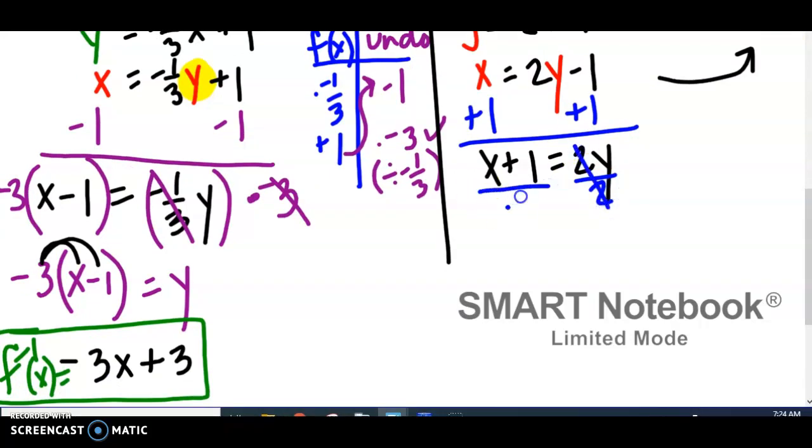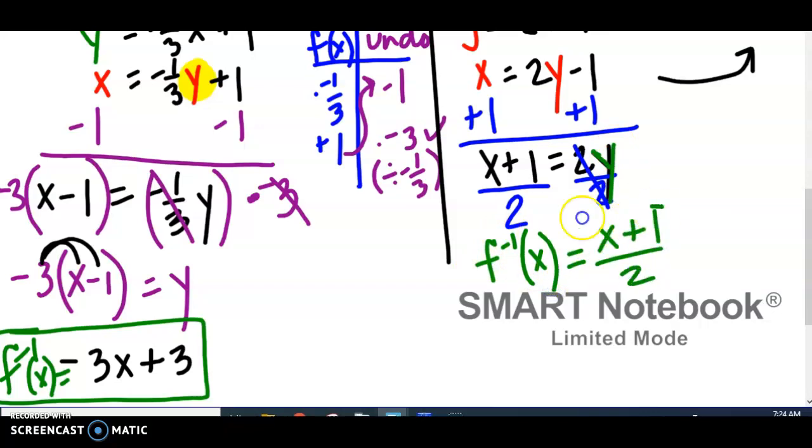Make sure you put that divide by 2 under everything on this side. So instead of this y now, replace it back to inverse notation, and then write everything that you had on the other side. So when you tear down one side, you should be building up the other.